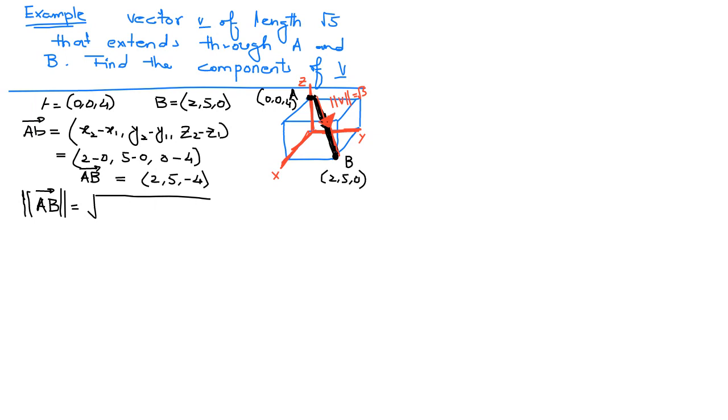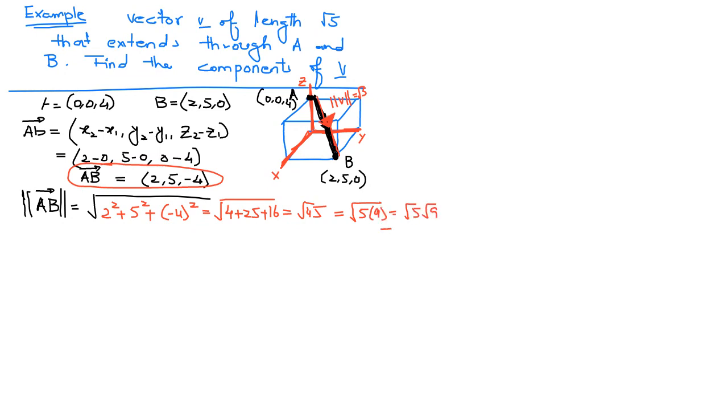So the mod will be 2 square plus 5 square plus minus 4 whole square, which is equal to 4 plus 25 plus 16, which is equal to square root of 45. So square root of 45, you can also write as 5 multiplied by 9, which is square root of 5 and square root of 9. Square root of 9 means 3, and you can write 3 multiplied by square root of 5.